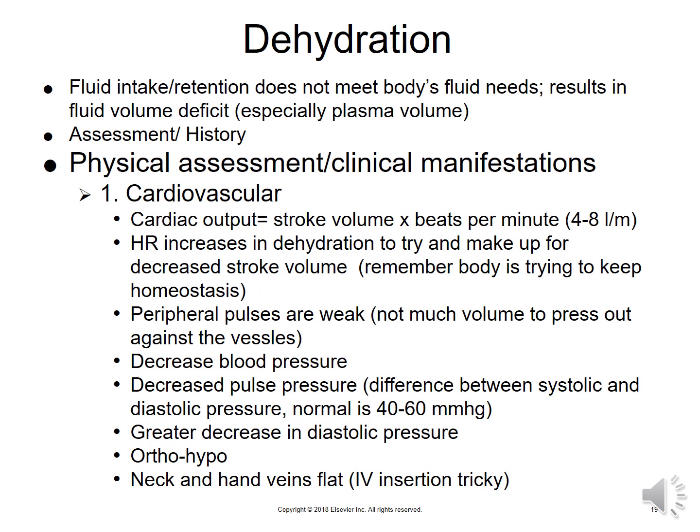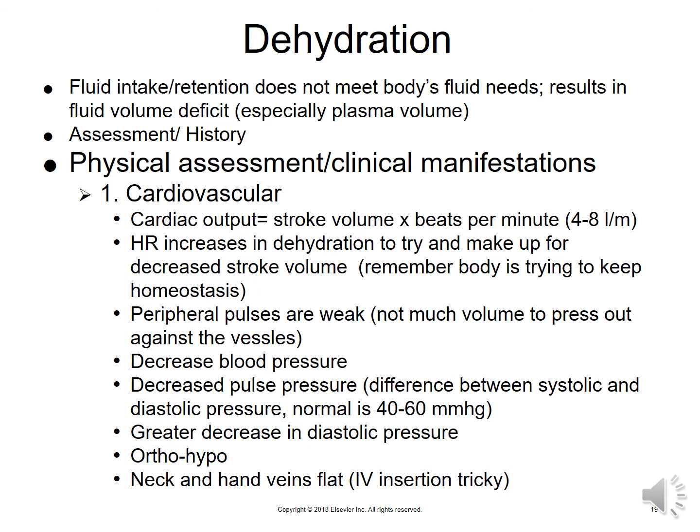What is systolic pressure? That's the amount of pressure in the arteries during the contraction of the heart. Okay? Diastolic pressure is the amount of pressure in the arteries when the heart is at rest. All right, and we're going to have a decreased blood pressure in dehydration.